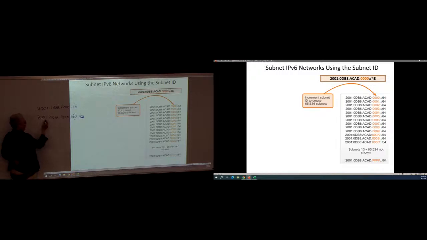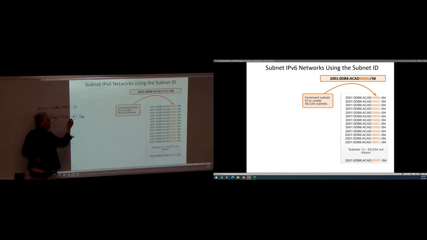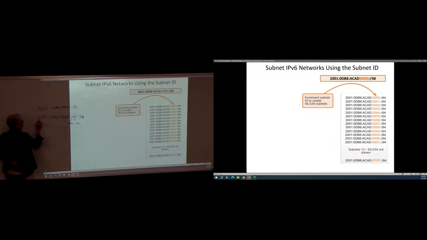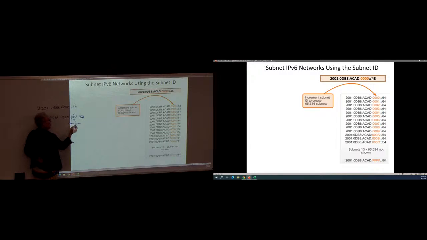What does that work out to? These are 16 bits here, 32, 48, and remember, each hex digit represents 4 bits, so that's the 52 and 56, because it looks like 0001, 0001. So 16, 32, 48, 49, 50, 51, 52, 53, 54, 55, 56. We're still typically subnetting with whatever nibbles are left over.